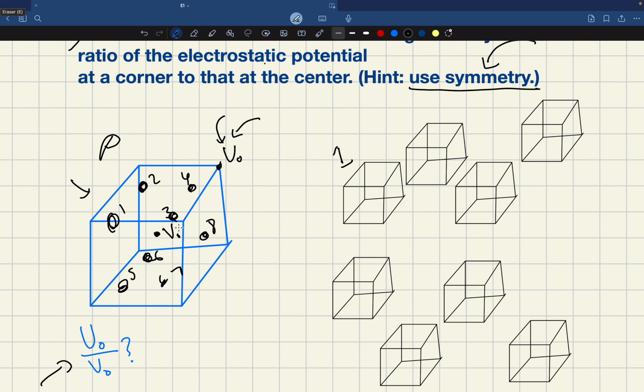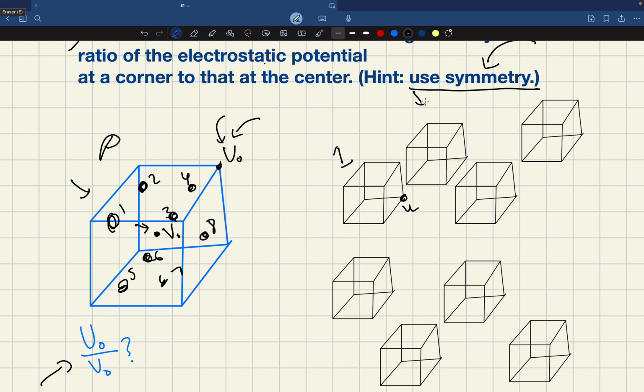Now, this corner of the cube, the far right bottom corner, actually touches the center of our big cube. If you just think about taking this smaller cube out of the bigger cube, this corner was touching the center of the cube, and this corner will have some potential at the corner, small u, right?